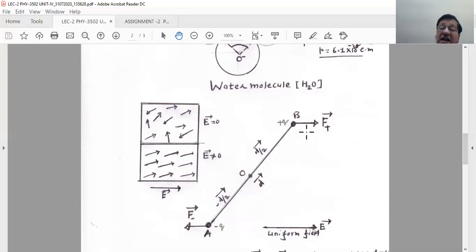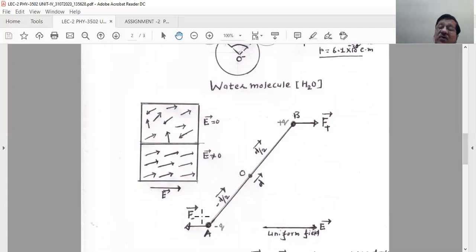So we can say that the net force acting on a dipole is zero, because the expression of net force is the square root of F1 square plus F2 square plus 2 F1 F2 cos theta. F1 is F plus and F2 is F minus. So the resultant force acting on the dipole will be the square root of F1 square plus F2 square minus 2 F1 F2 cos theta.